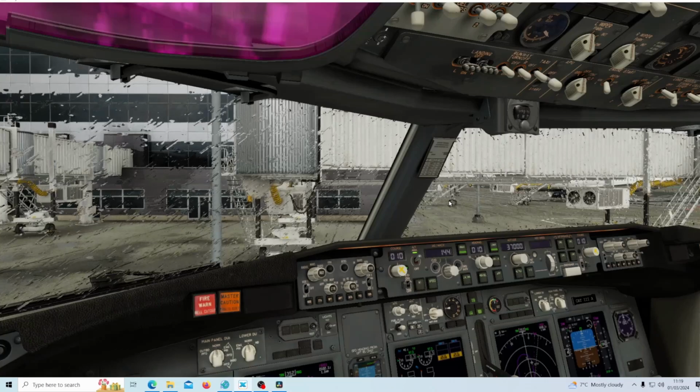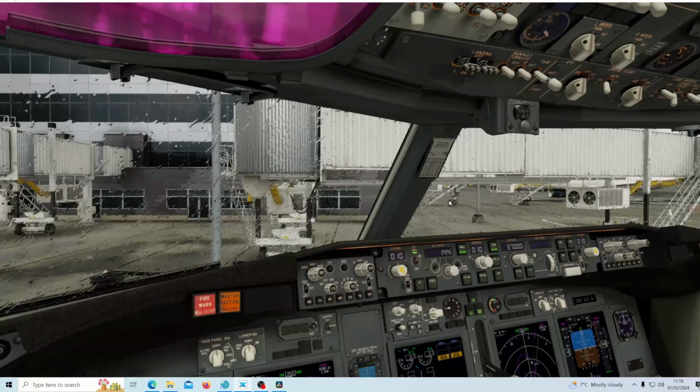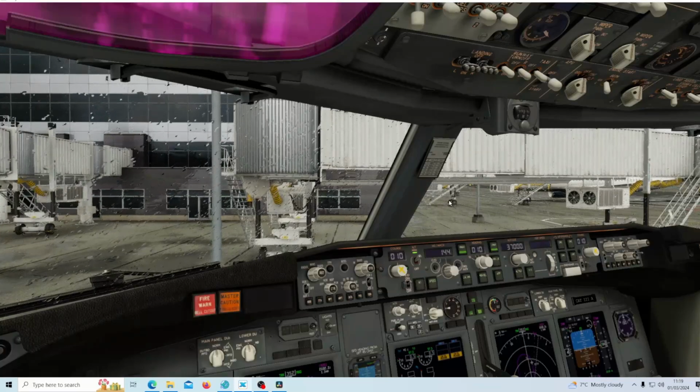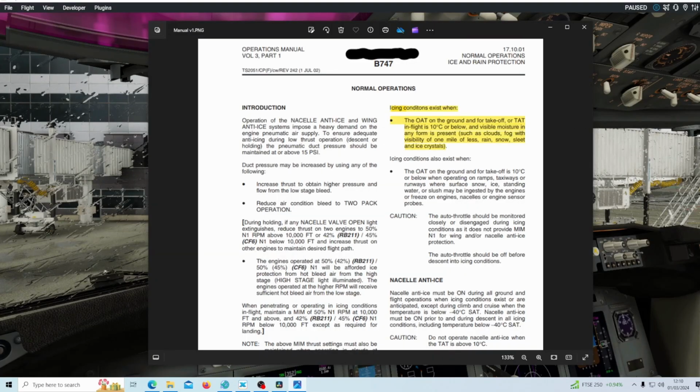There will be a picture coming up here with some of the written descriptions of what I'm saying, so you can either take a screenshot of it or just stop it and copy it down. Here is a copy of our operations manual that we used to have for guidelines.